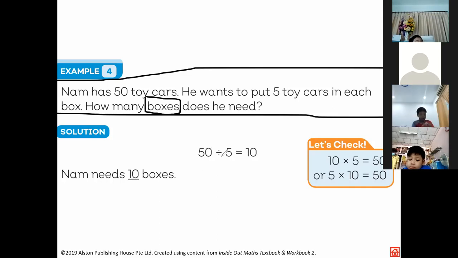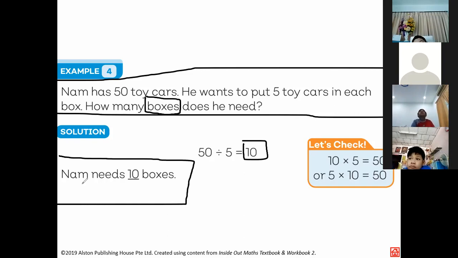So 50 divided by 5 is equal to 10. So to answer the question, Nam needs 10 boxes, okay? And each box has 5 toy cars. All right.